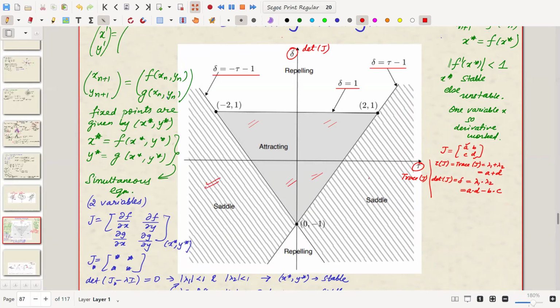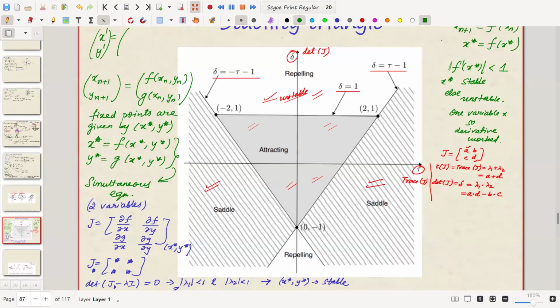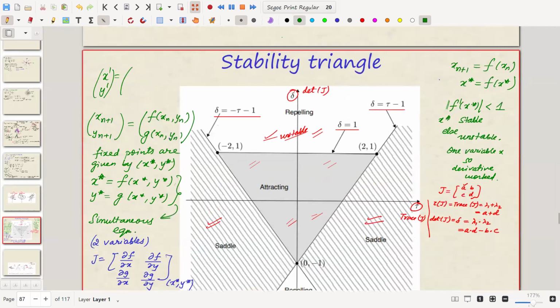If it is lying here, it is repelling or unstable. This is what is usually known as a stability triangle, which was the title of this slide. So instead of computing the eigenvalues, you can just find the trace and determinant, and use this.